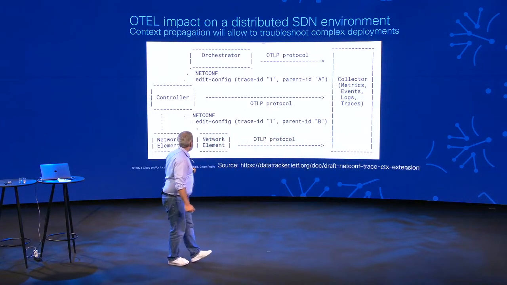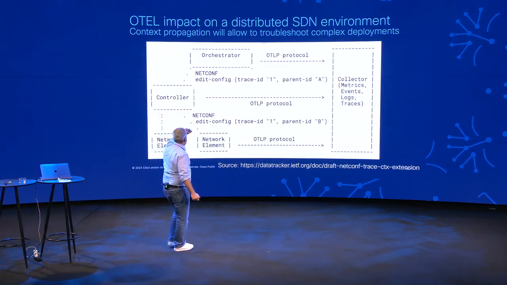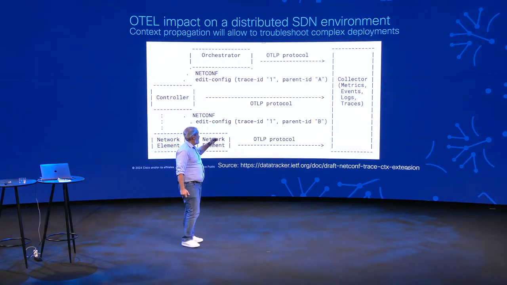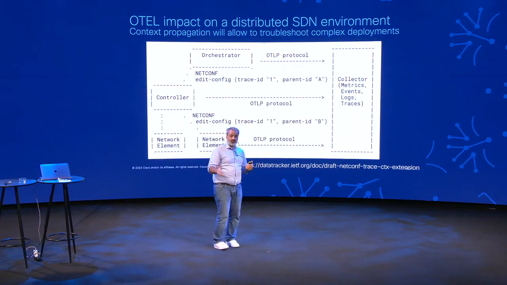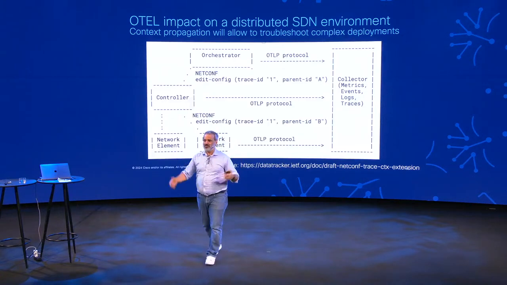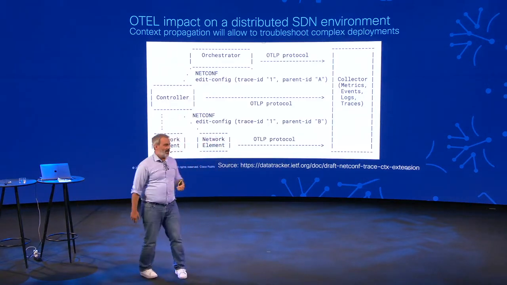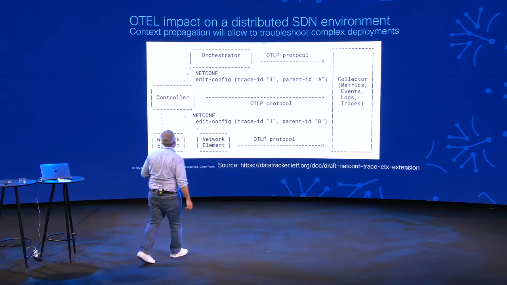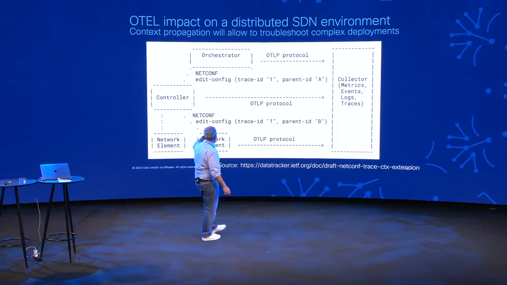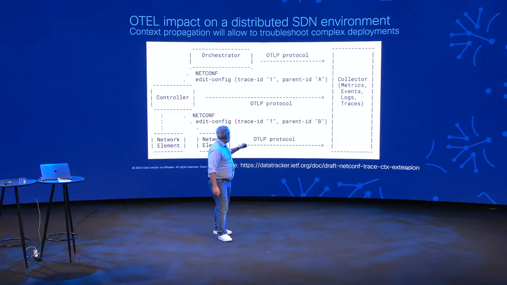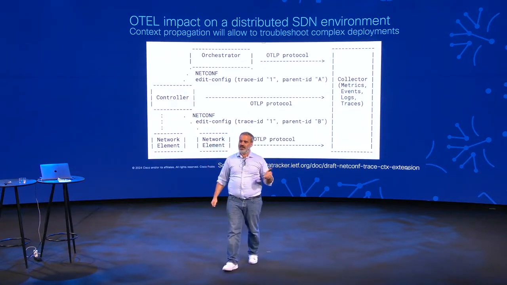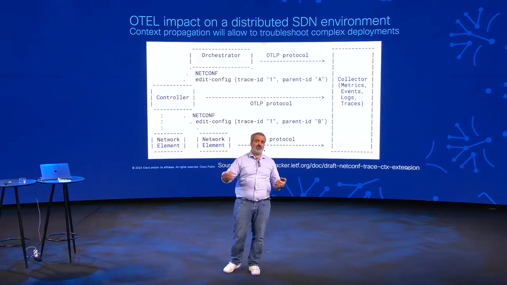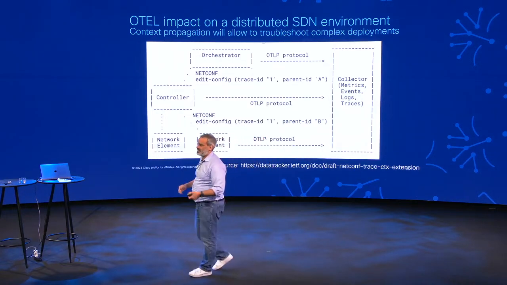So the orchestrator will send to the controller an edit-config with the trace ID 1, parent ID A. Now the controller will do certain things, will do validations, will do something inside. But once it communicates with the network devices, to each one of them, it's going to send another edit-config with trace ID 1, but the parent now is B, it's no longer A. And to the other device, it will be C, it will not be B, because it's in a different place in the process.